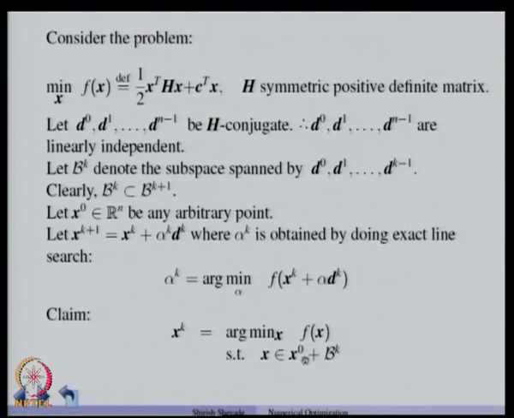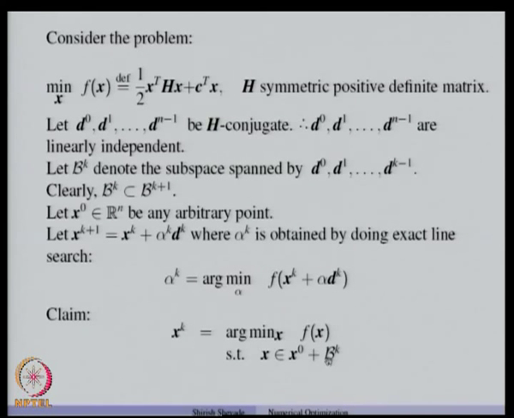The important point to remember is that whenever we get xk, we have solved the problem completely with respect to the k dimensional space spanned by d0 to dk minus 1, and that space contains x0. Note also that we have chosen x0 to be any arbitrary point, so the initial point is not going to matter.